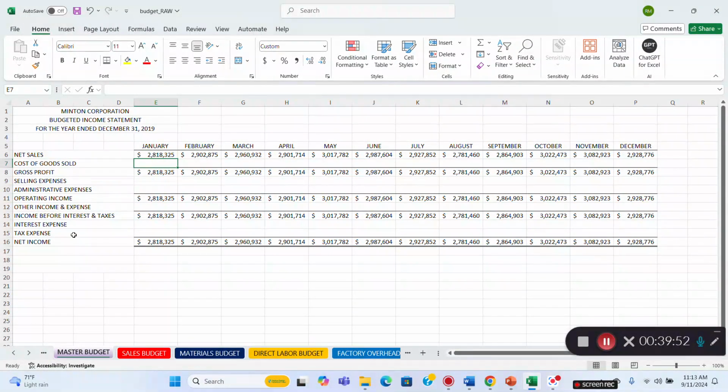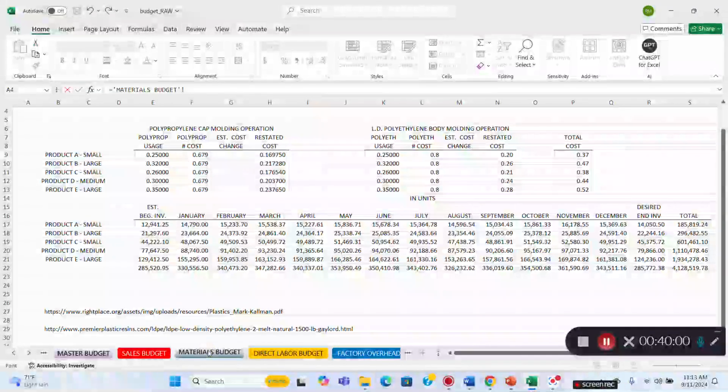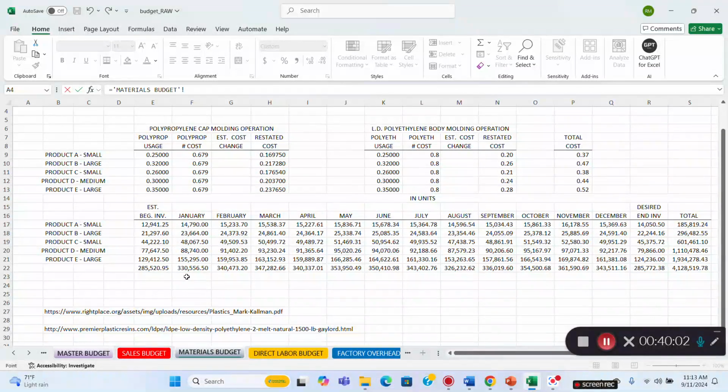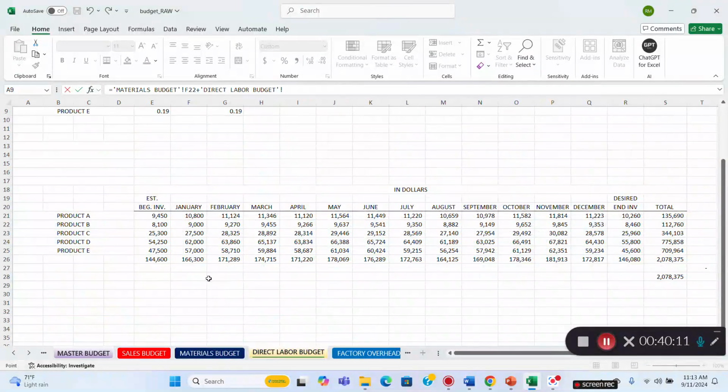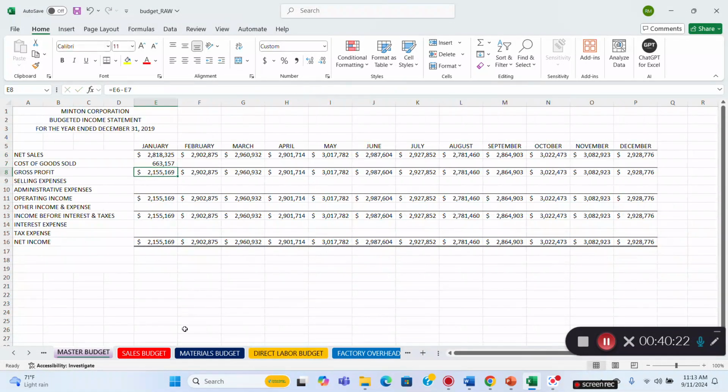All right, so now, lastly, we want to have over here in our master budget a cost of goods sold. And the cost of goods sold is going to be equal to, go to the materials budget and pick up this number, plus go to the direct labor budget, pick up this number, plus go to the direct labor overhead budget and pick up this number and enter.